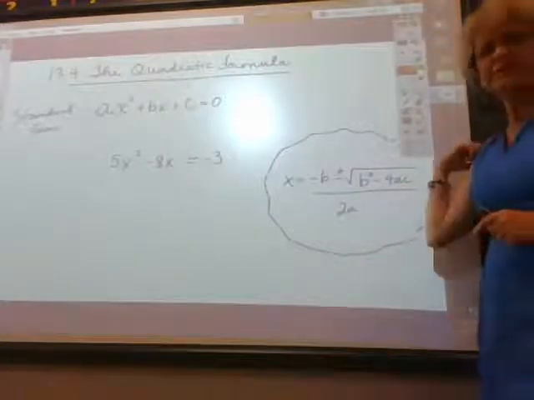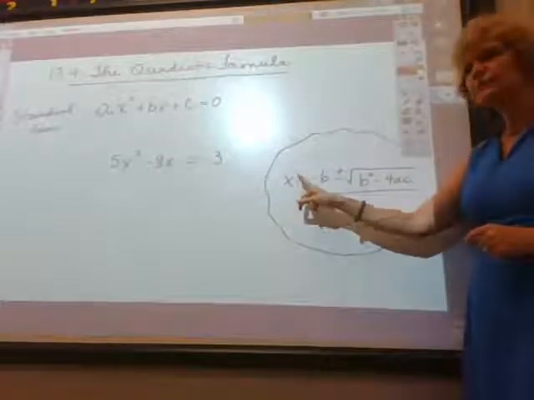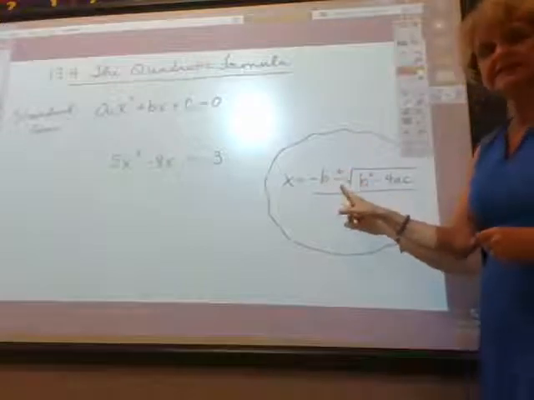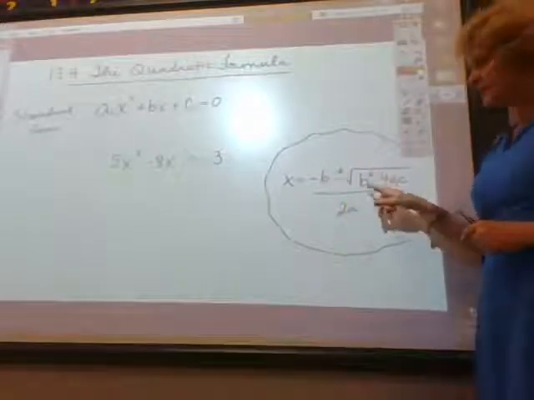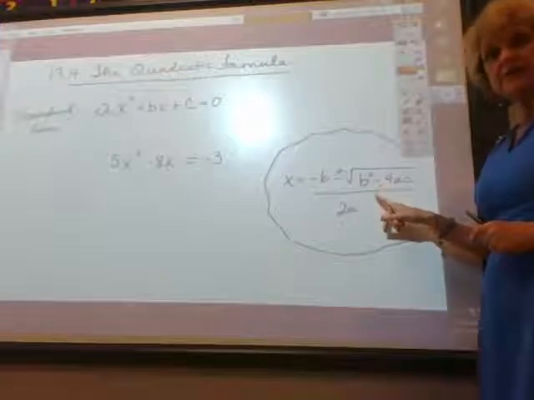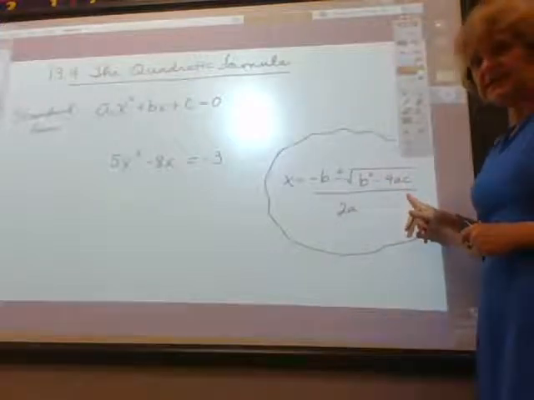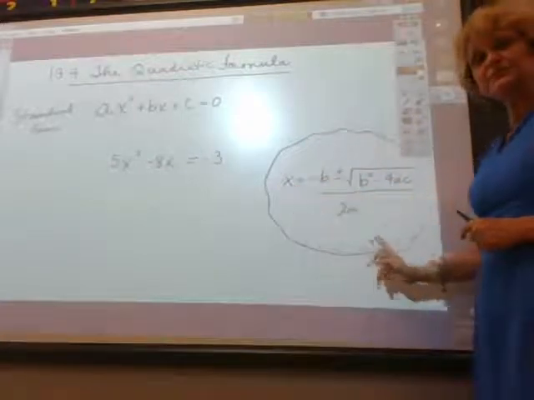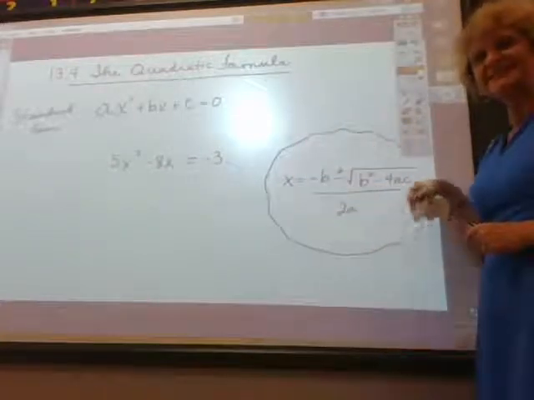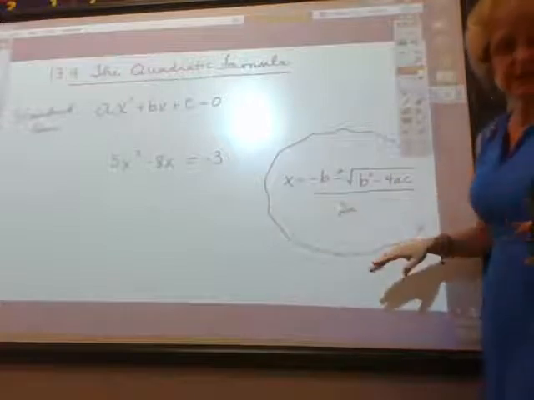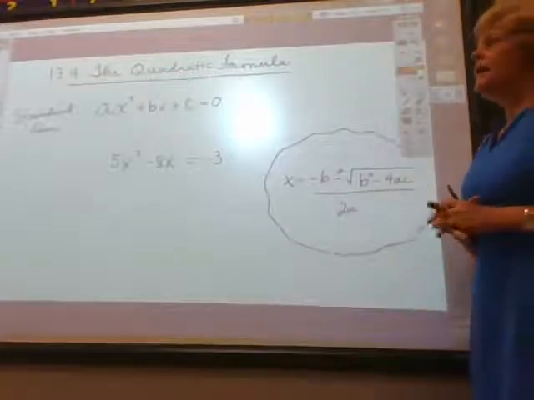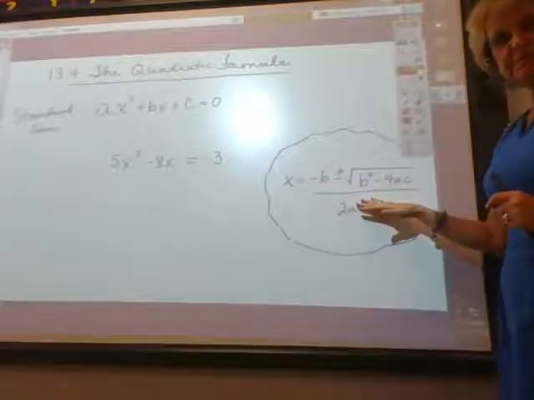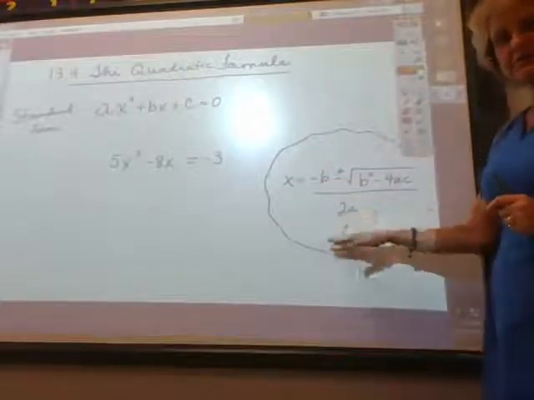The quadratic formula is x is equal to the opposite of b, negative b, plus or minus the square root of b squared minus 4 times a times c, over 2a. It's really nice to go into Algebra 2 having this memorized, so I would say it 100 times. You'd have it memorized then. Negative b plus or minus the square root of b squared minus 4ac over 2a.